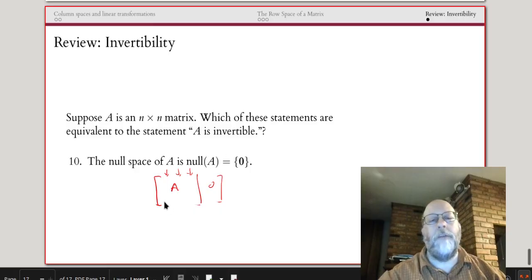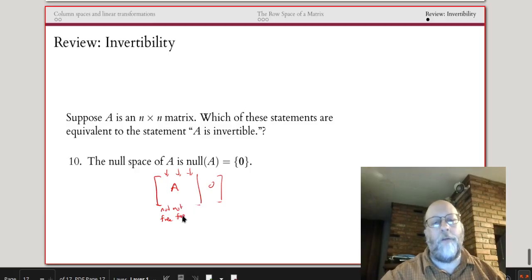And that means that this column is not free, and this column is not free. And however many columns we have, none of the columns of A are free. But if none of the columns are free, then we must have a pivot in every column. And therefore, this is another equivalent statement.